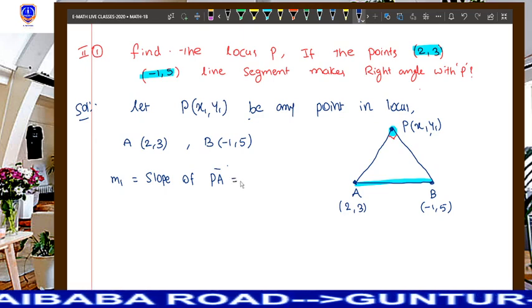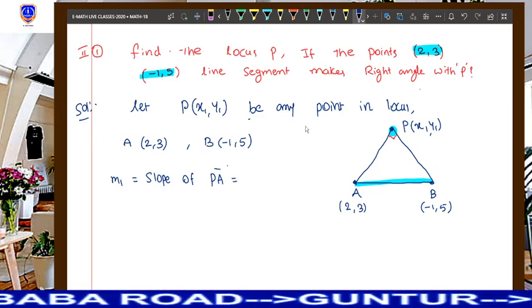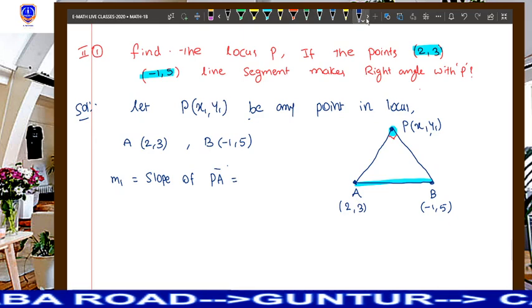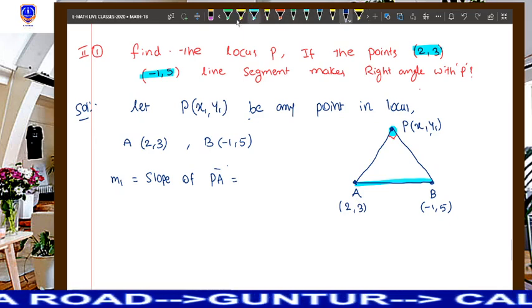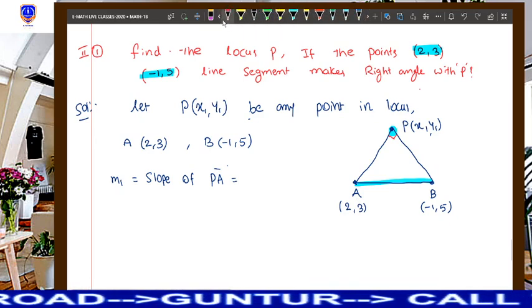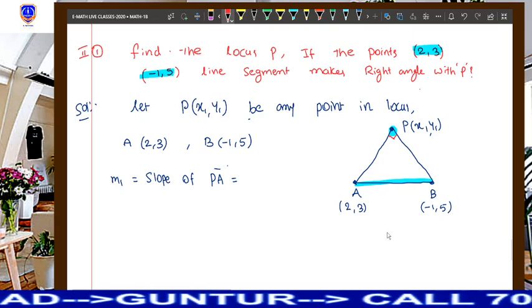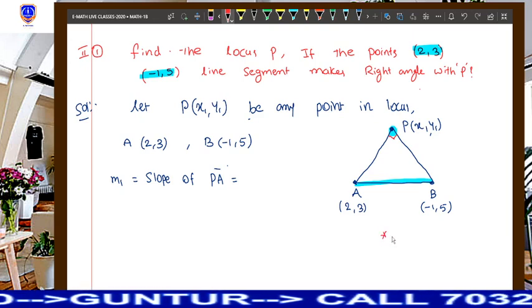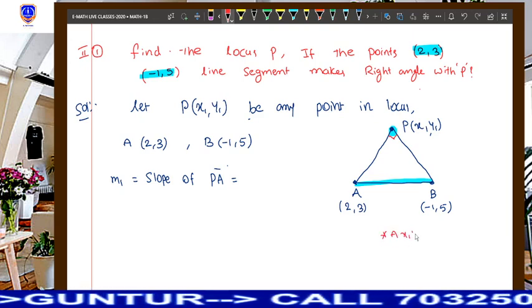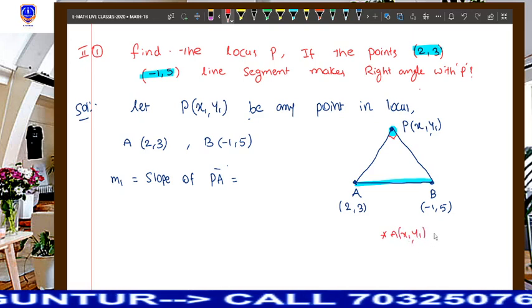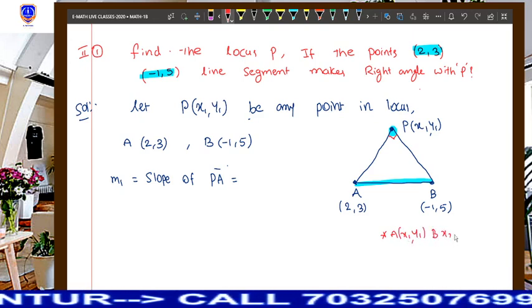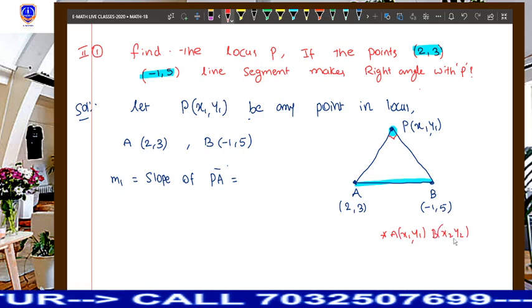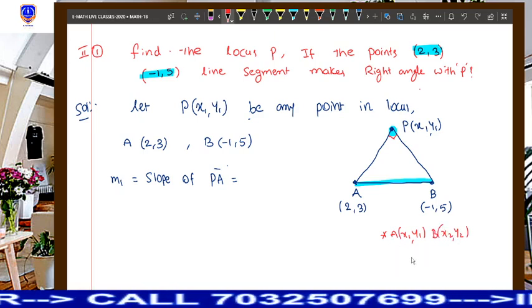Slope of PA bar, we have a formula. I will mention the formula here. For given 2 points, let us suppose capital A (x1, y1) and capital B (x2, y2) are any 2 points. This is a formula, not belonging to this question. We are using this result.